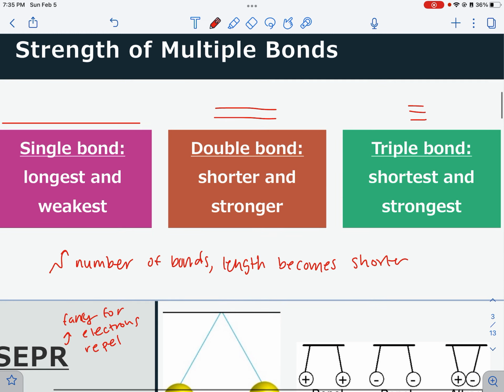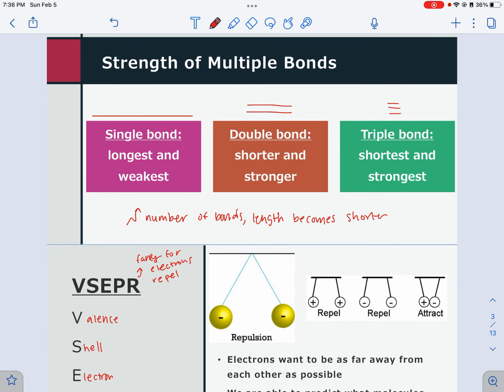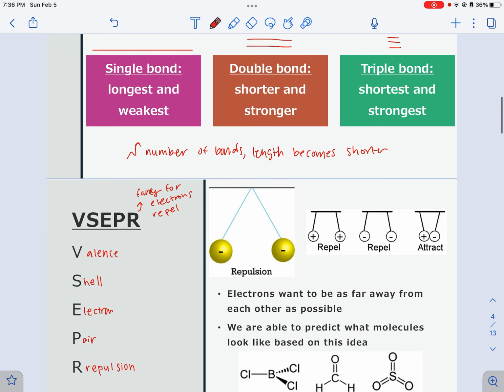And let's say you have 3 really small tree branches and you try to break that. It's super hard to break 3, but much easier to break 1. So single bonds are longer, and the more bonds there are, the shorter the length becomes. Just think of it as a branch: a single branch is going to be weaker, longer, and easier to break.